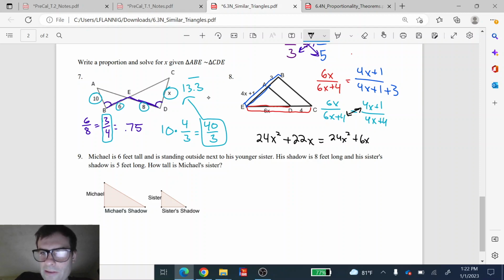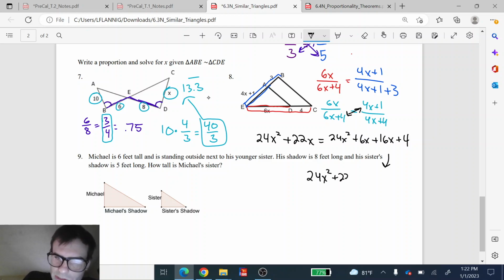And then we have 4x times 4, which is 16x. And 4 times 1, which is just 4. I'm going to write down here. So this is 24x squared plus 24x equals 24x squared plus 22x plus 4.